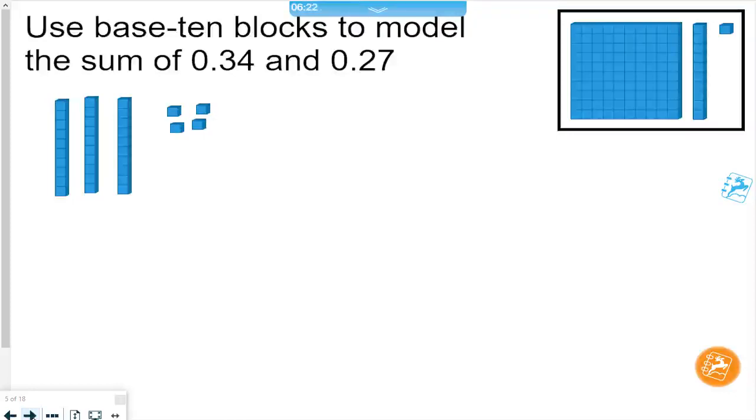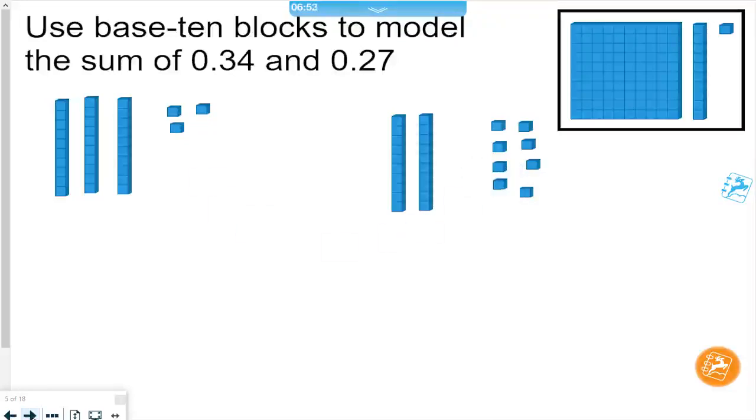Now it looks like I have 27 hundredths, which means I have 2 tenths. And I have 1, 2, 3, 4, 5, 6, 7. All right, so I'm going to look first at my hundredths. I have 1, 2, 3, 4, 5, 6, 7, 8, 9, 10.